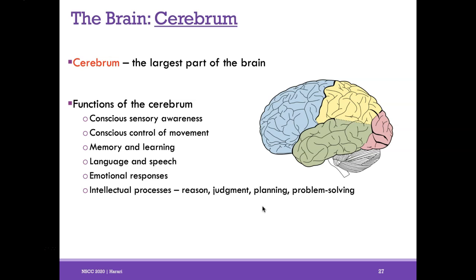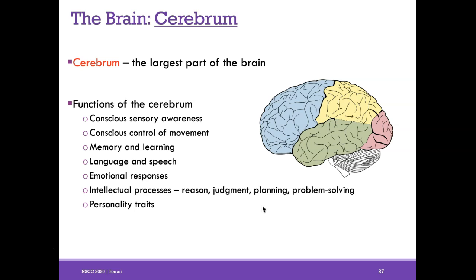I'm trying to be safe in how I word this, because other organisms can plan and solve problems too. But the cerebrum, which is most developed in humans and other primates, allows us to do this.